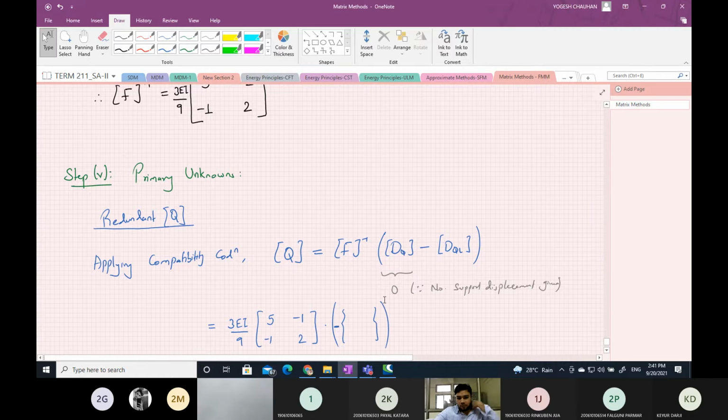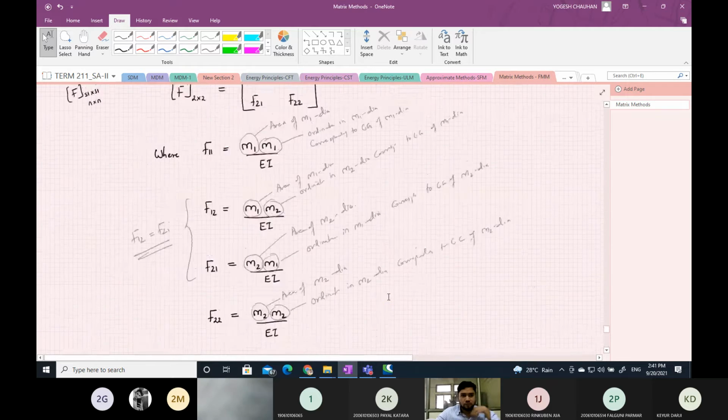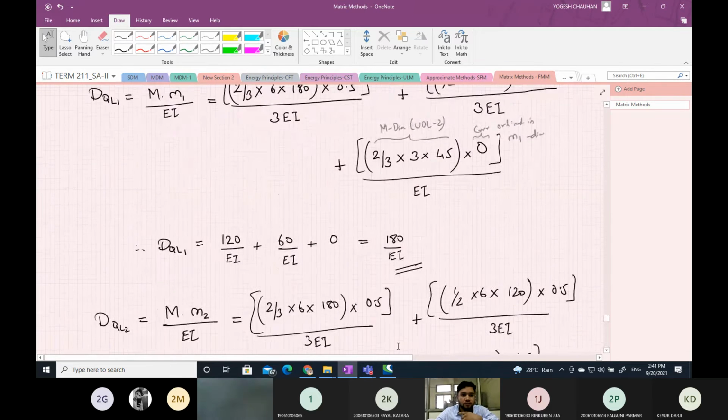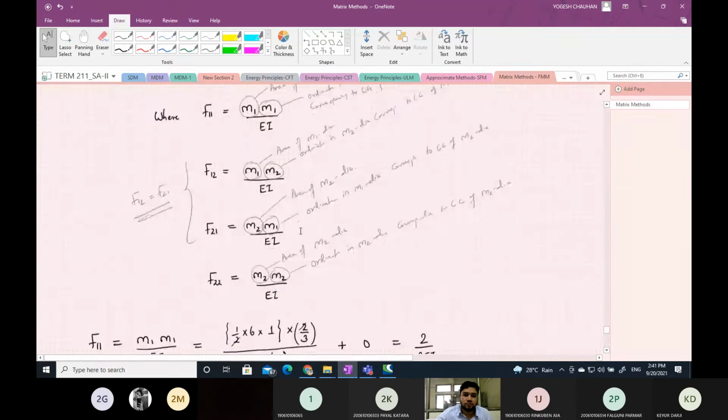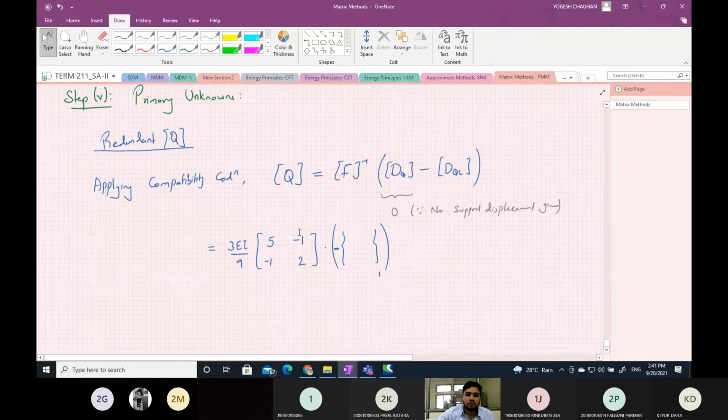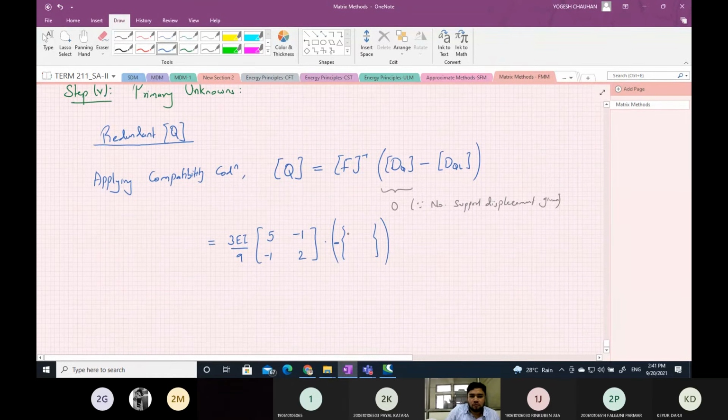So the DQL matrix will be 1 by EI, 180, 225.